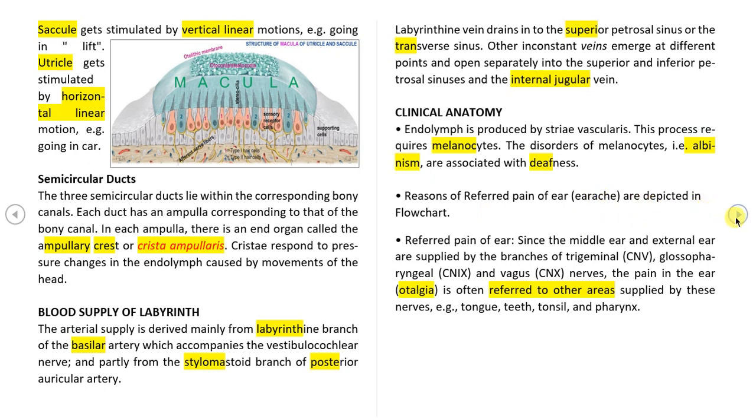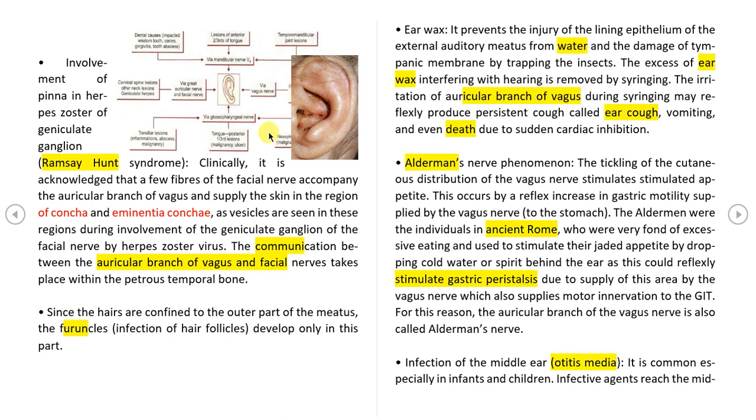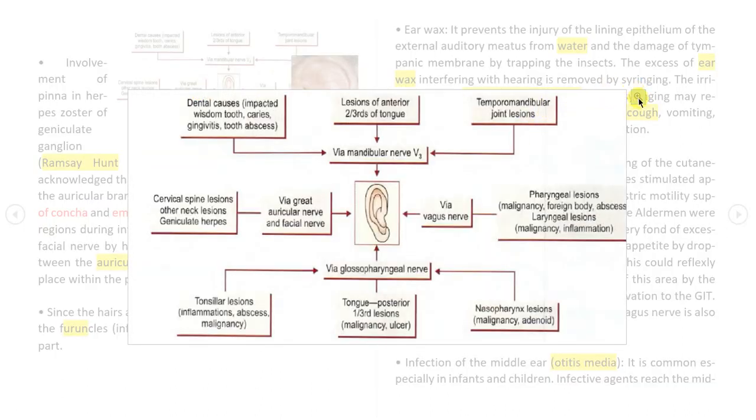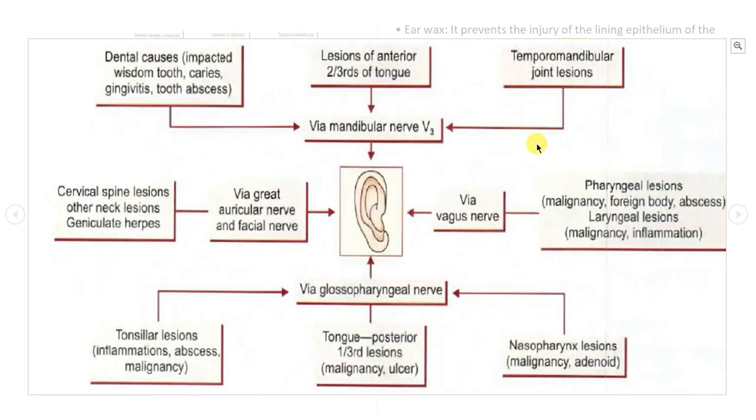Pain of the ear is referred to various parts. The pain of the ear is called otalgia. It is referred to all the nerves communicated. You can see this in the flow chart given in your textbook. All the nerves connected to the middle ear and internal ear will progressively have symptoms.